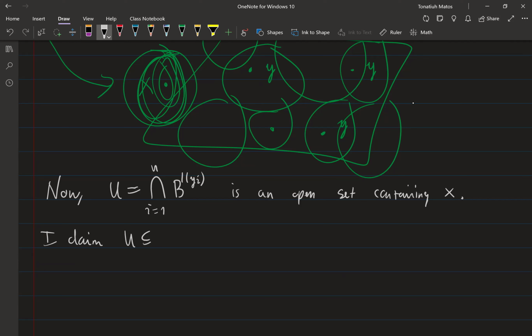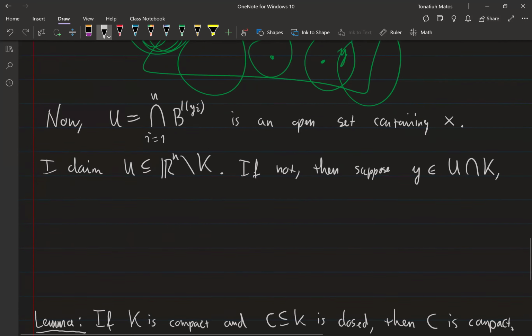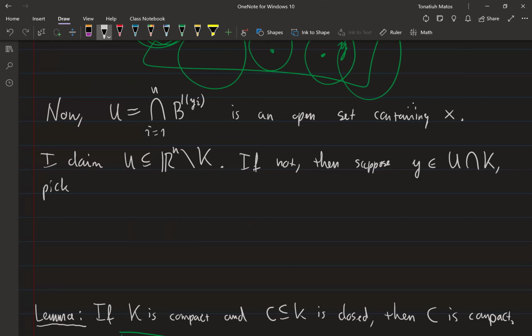I claim that U is not just any open set that contains X, but U is actually disjoint from K. And why is this true? If this weren't true, then suppose that they do share a point. There's a point Y that is in U, but also in K, right? But then pick I such that Y is contained in B, Y, I. It doesn't have to be the same point, right?